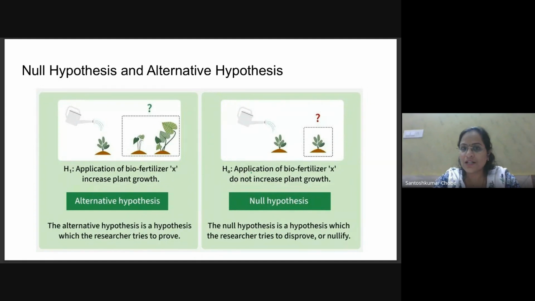And what is the alternate hypothesis? The alternate hypothesis says that there is an effect because of the experimentation. So the statement here is: the application of biofertilizer X increases plant growth. That's my alternate hypothesis. I hope the null hypothesis and alternate hypothesis concepts are clear to all of you.